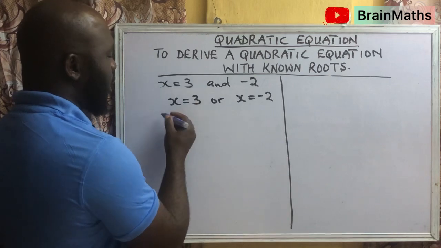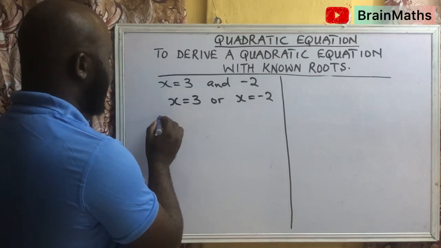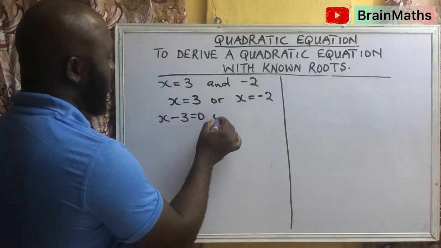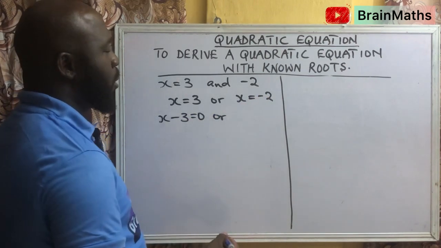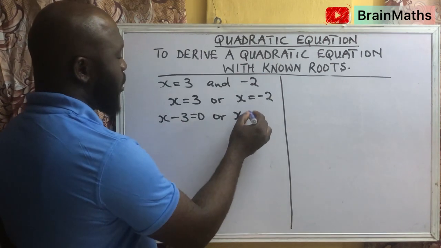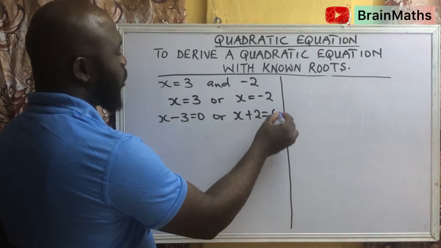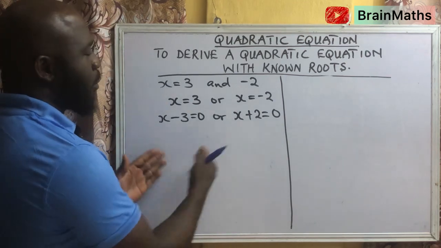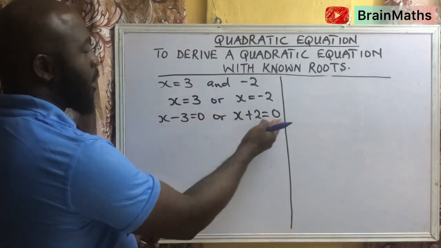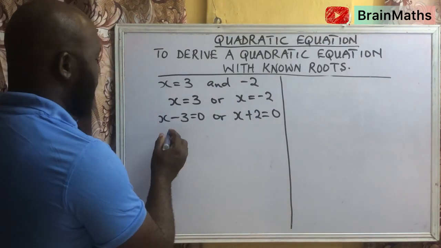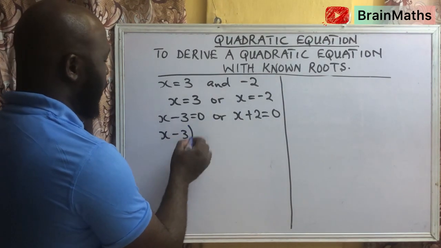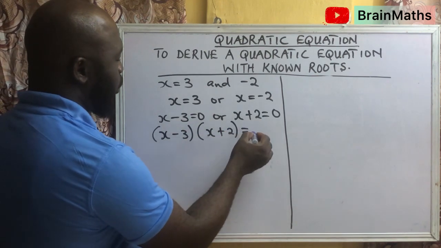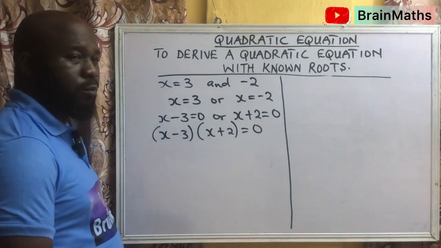We can bring the 3 inside, the positive 3 becomes negative, equals 0, or bring the negative 2 inside, it becomes positive 2, and that equals 0 as well. The next thing is to combine the two of them together since they are both equal to 0. So we can say x minus 3 and x plus 2 are both equal to 0.